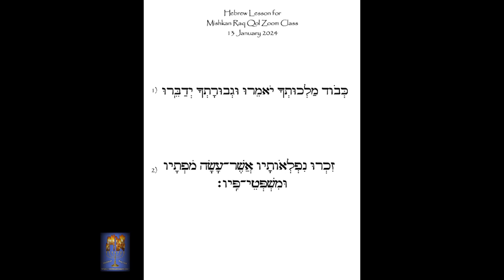The word malkut means a kingdom, and this echa on the end means yours. So malkutecha is kingdom of you, or your kingdom.